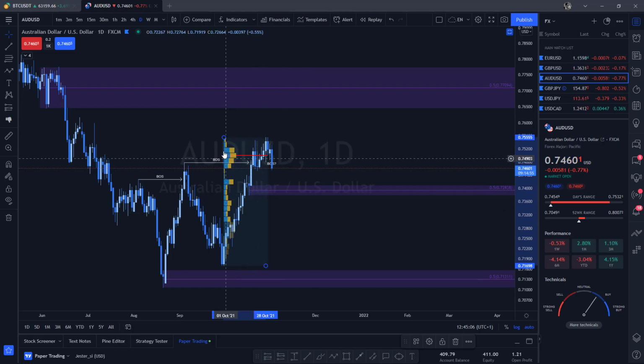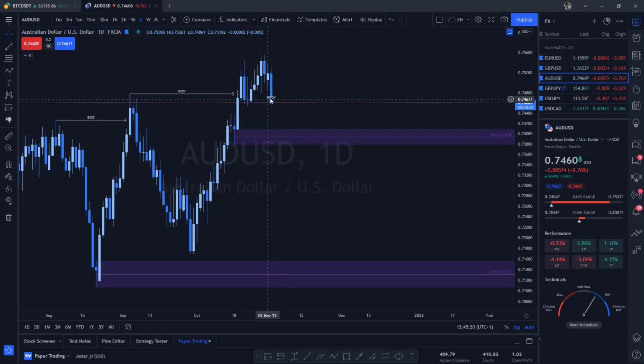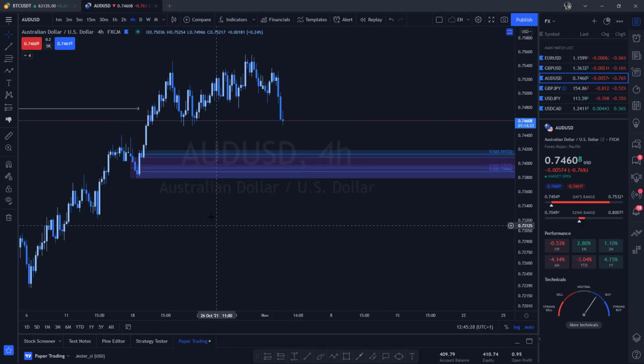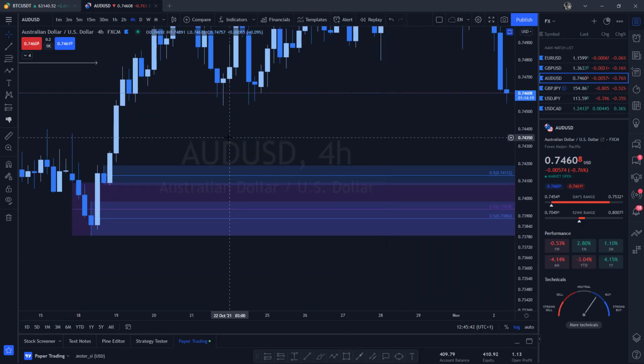Why this zone here? This is 4-hour OB, because this was the last sell to buy that broke structure here. And move that boss. If you go to the 4-hour, yeah, this is the entire zone, but the purple one, and there are 2 4-hour order blocks here.